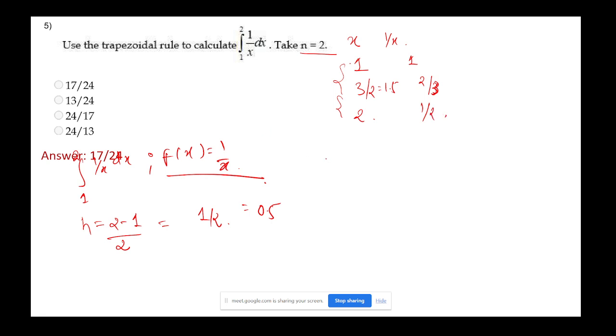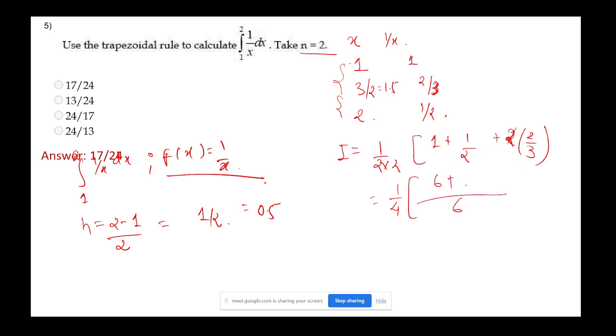So if you apply the trapezoidal rule, what will it come out to? It will be h by 2, that is 1 by 2 into 2, because h by 2 you need to do, into 1 plus half plus 2 into 2 by 3. So 1 by 4, the LCM will be 6.